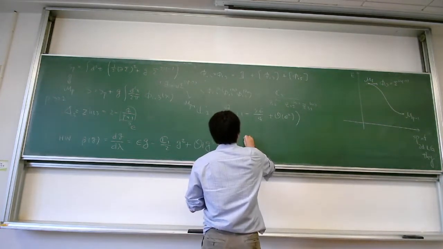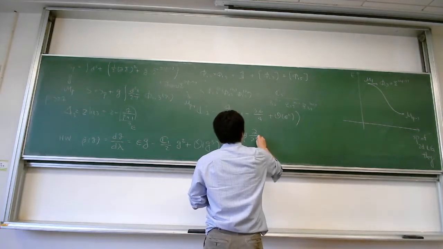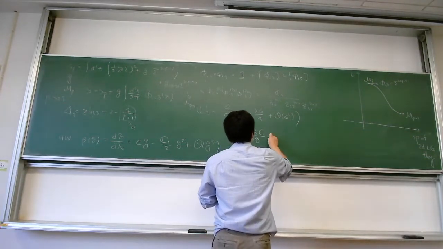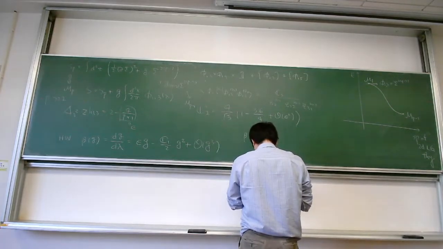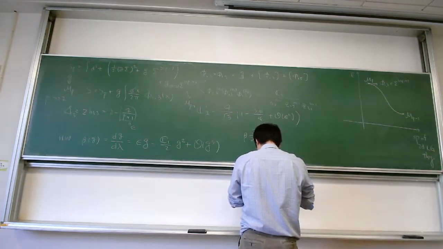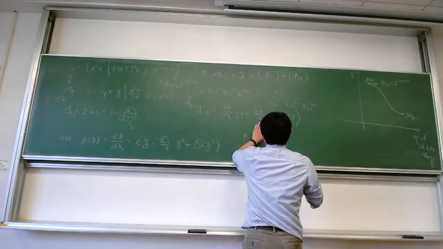Zamolodchikov theorem tells beta G c is equal to... 6.26 is the... yeah, sorry. I think we can use this one.